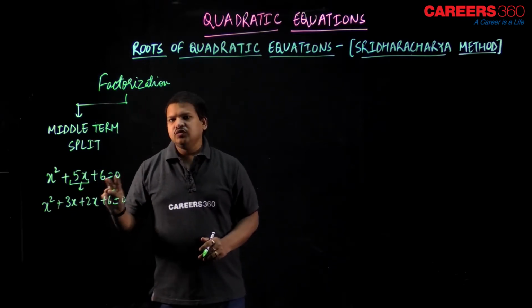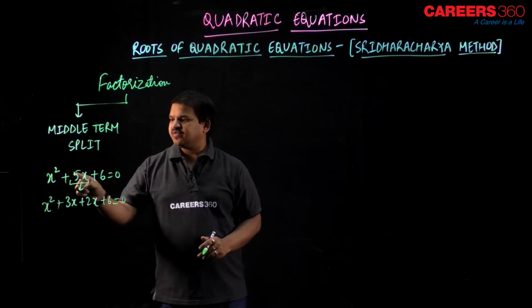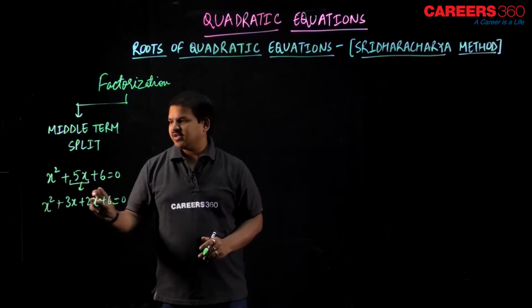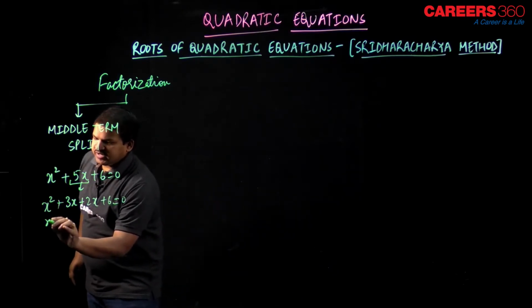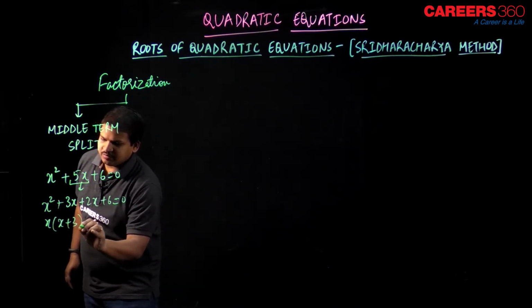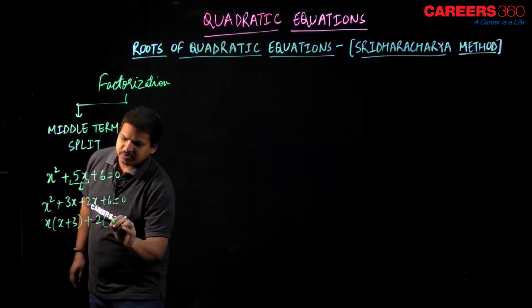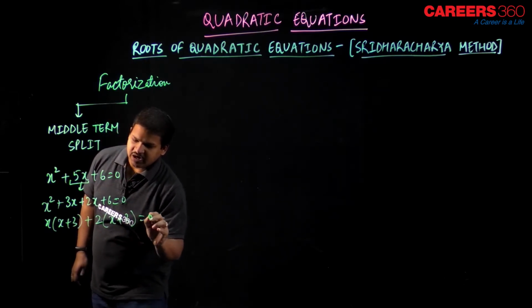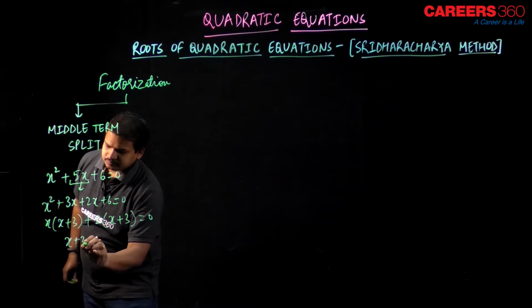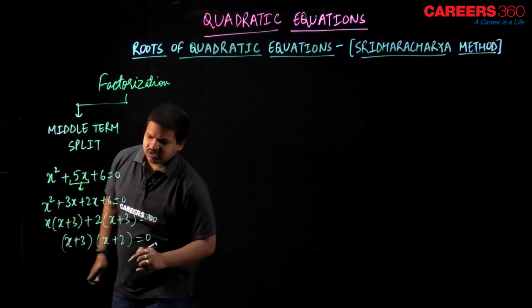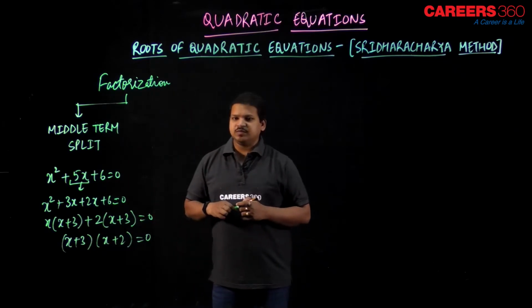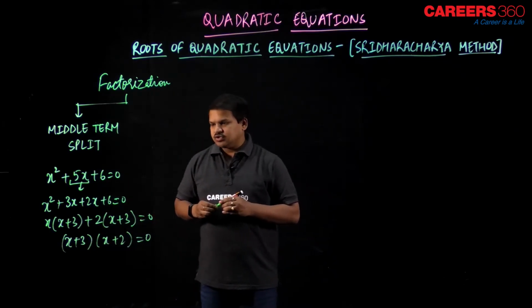What was the logic? We have to find two numbers such that the summation is 5 and the multiplication is 6, right? And these two numbers are plus 3 and plus 2 only. If I take x common from here, it will be x plus 3, and if I take 2 common from here, it would be again x plus 3. And if I take x plus 3 common, I will be remaining with x plus 3 and x plus 2 equals to 0.